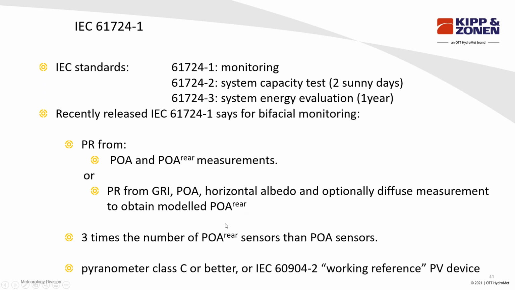And what this new standard also states is that the number of plane of array rear sensors should be 3 times the number of plane of array front sensors. The reasoning behind it is that in that way you can better capture the non-constant irradiance distribution on the rear of the modules. And the way to measure it is with a pyranometer class C or better, or with a working reference PV device.